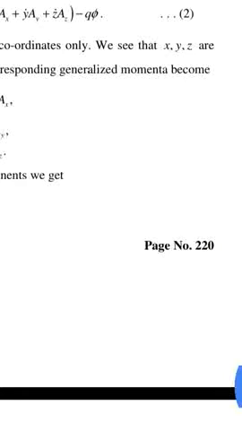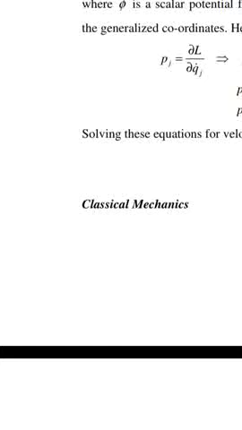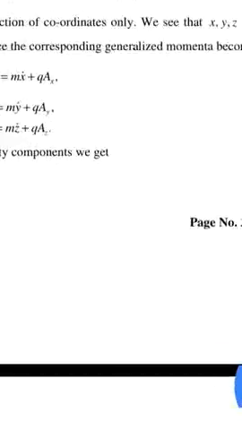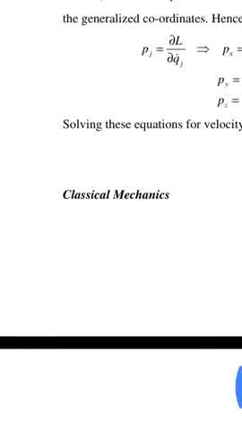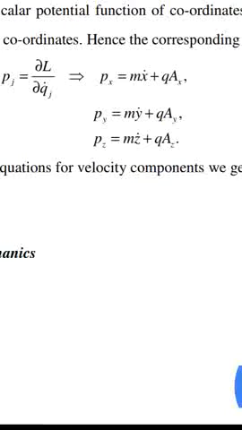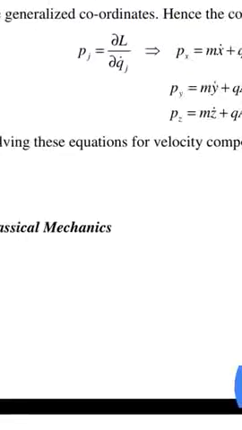We see that x, y, z are the generalized coordinates. Hence, the corresponding generalized momentum, because Pj = ∂L/∂Qj dot, is Px = mx dot + qax, Py = my dot + qay, Pz = mz dot + qaz.